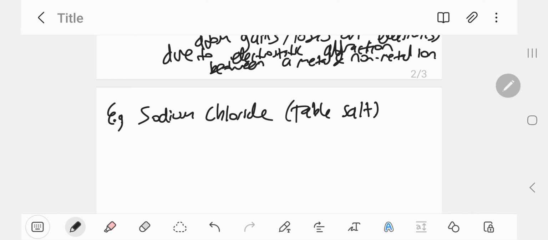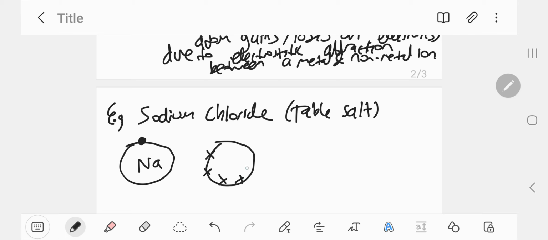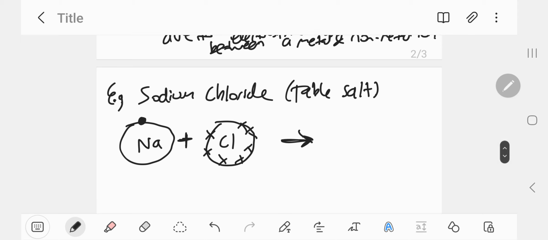I'm not going to draw the atoms completely. I'm just going to write Na. Let's suppose I've drawn all the electrons. Sodium, Na, has 1 valence electron. Chlorine, Cl, has 7 valence electrons. When you combine them, the sodium will give its electron to the chlorine atom, provided they can bond.